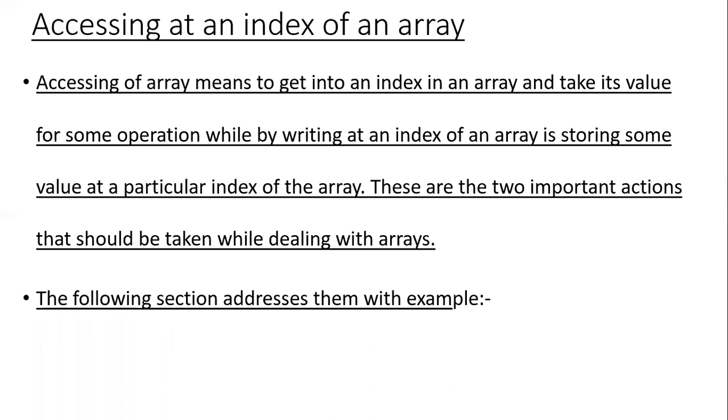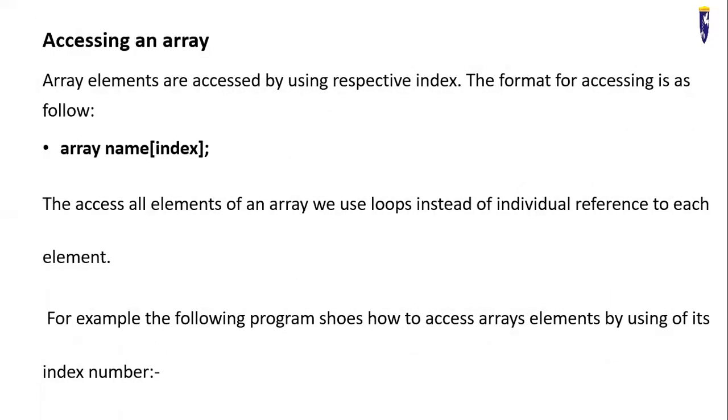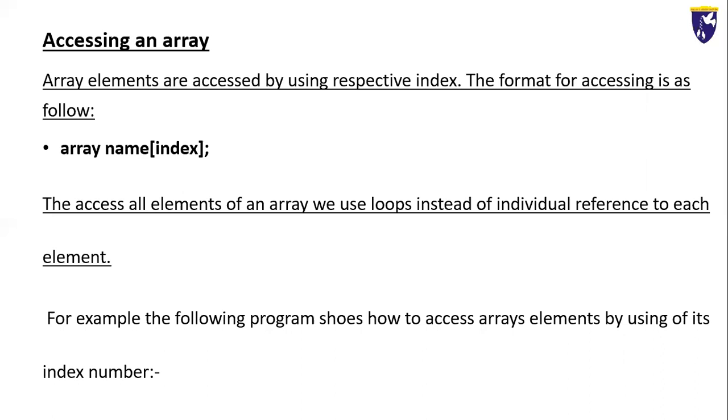So we can see some examples of how to access a data item in an array. Array elements are accessed by using the respective index. You can see that array elements can be accessed by using the index. The format for accessing is as follows: array name and index.